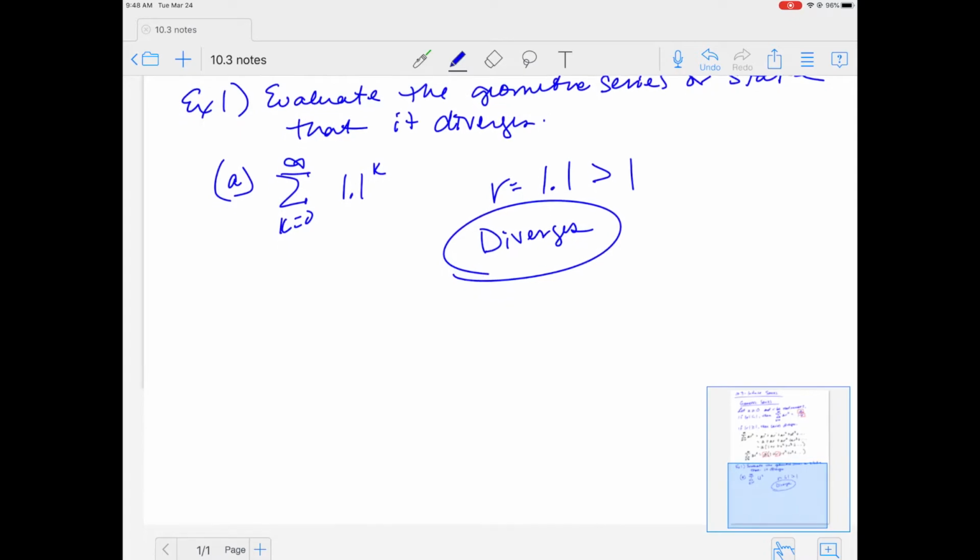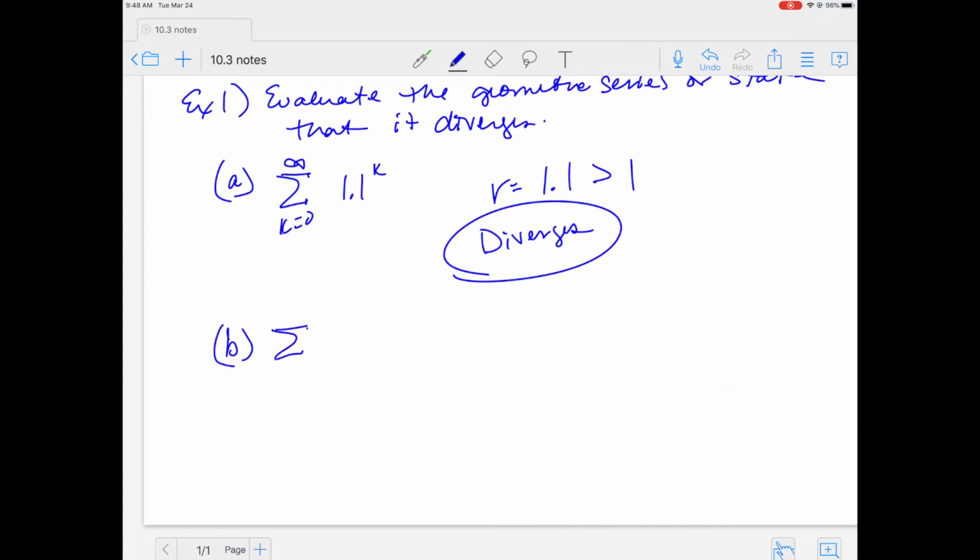Okay. Let's look at part B here. I have my infinite series from 0 to infinity of e to the negative k. Now, what happens when you have a negative exponent? Yeah, so this can actually be written as going from 0 to infinity of 1 over e to the k, right?